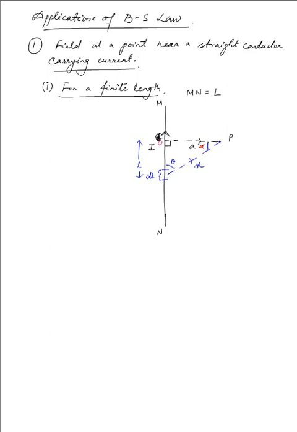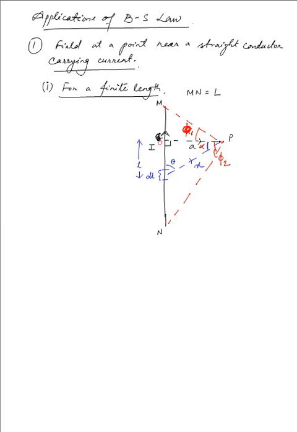With that angle being alpha, we can further take the angle that the point P subtends with the uppermost point of the wire and the lowermost point of the wire. Let's take it as phi 1, and then we have phi 2 with respect to the perpendicular OP.